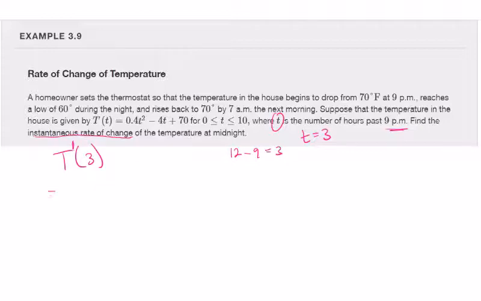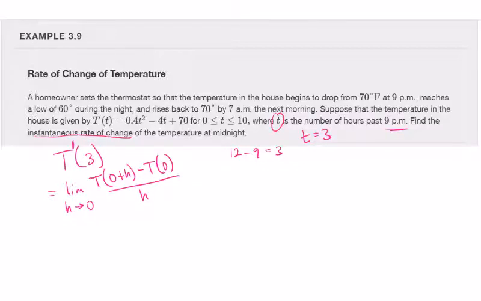Our formula for that will be the limit, and I'm going to use our increment formula, so with h in it. So it'll be T of a, which is 0 in this case, plus h, minus T of 0, all over h.